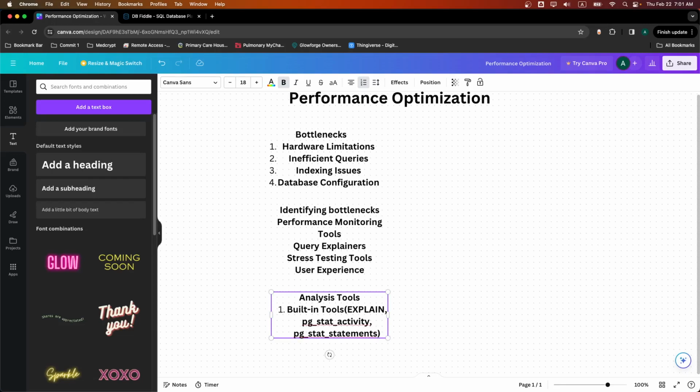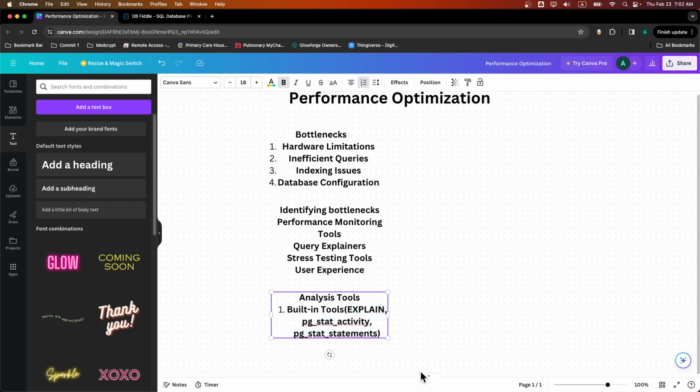If you have SQL Server, you have the Profiler, the Extended Events, and DMVs, the dynamic management views. If you are using PostgreSQL, they are very similar to the ones inside MySQL.